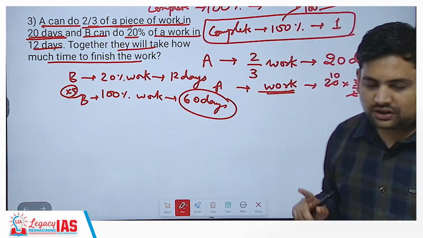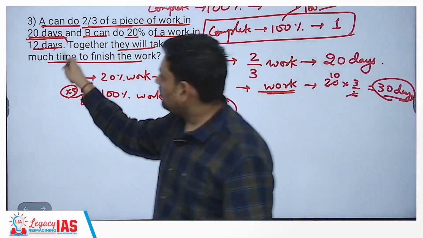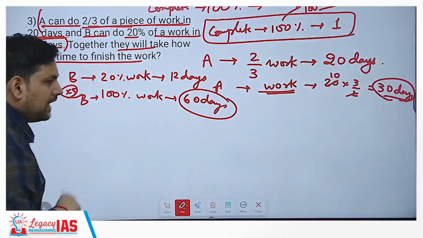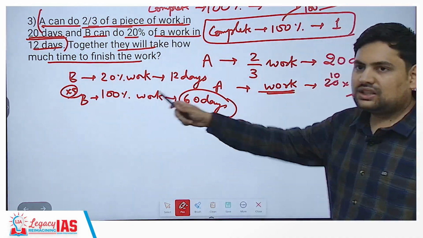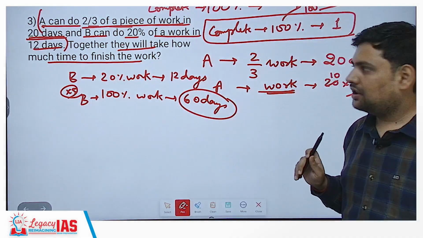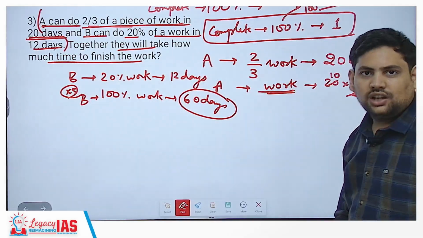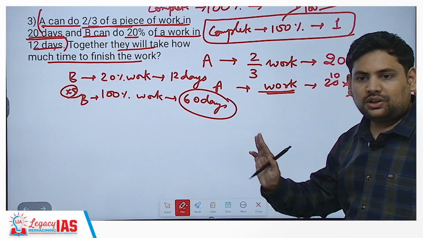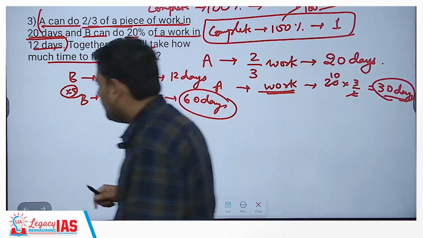Now, just like the earlier problem, instead of this you can write that A can do a piece of work in 30 days, B can do the same piece of work in 60 days. Then if they work together, in how much time will they finish the work? Now it becomes the same as what we had done before. Understood? Now, how do you do this?